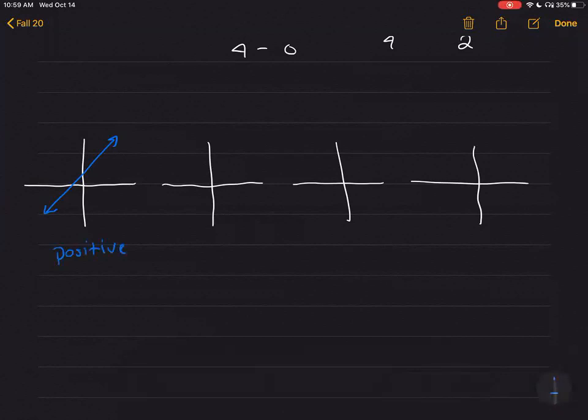If we see a line pointing down like this, then we say it has negative slope. If we have a line that's going straight across, so it's parallel to the x-axis, we say that this has 0 slope. And if we see a vertical line parallel to the y-axis, we say that it has no slope. The slope does not exist.